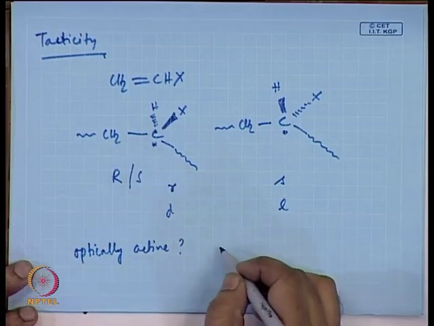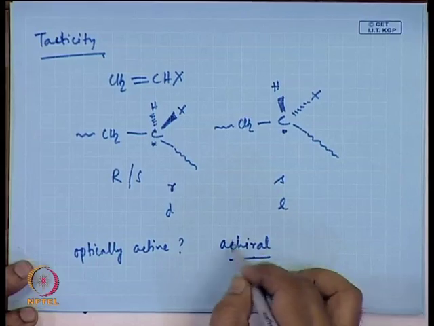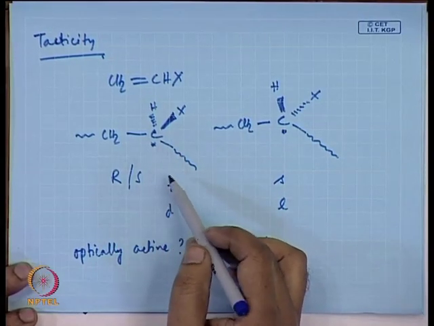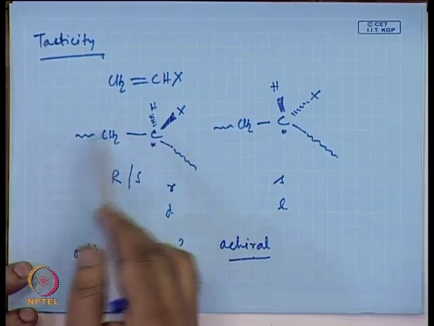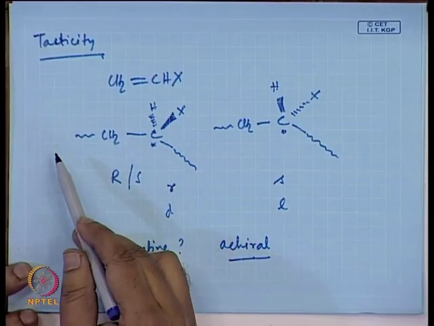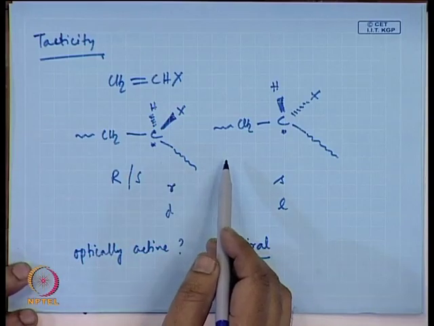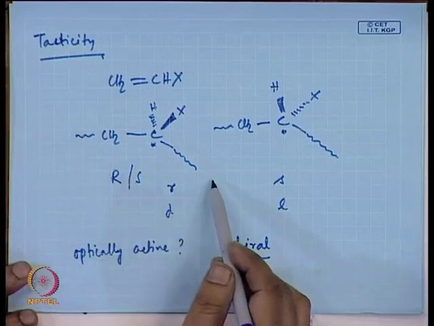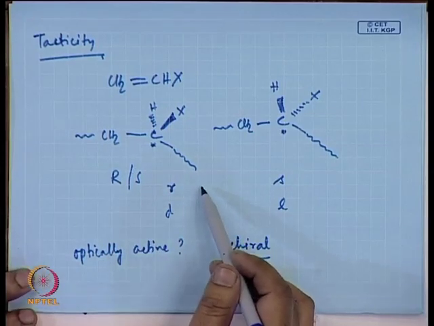So, they are basically achiral in nature. Now, you can argue that the carbon near the end group, obviously at the end there will be some functional group and the other side will be the rest of the polymer chain. So, that asymmetric carbon should have some optical activity.